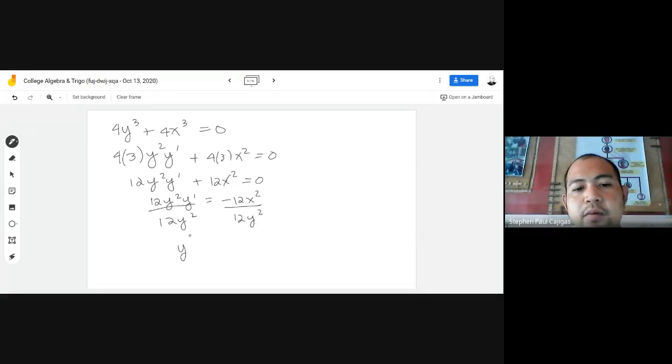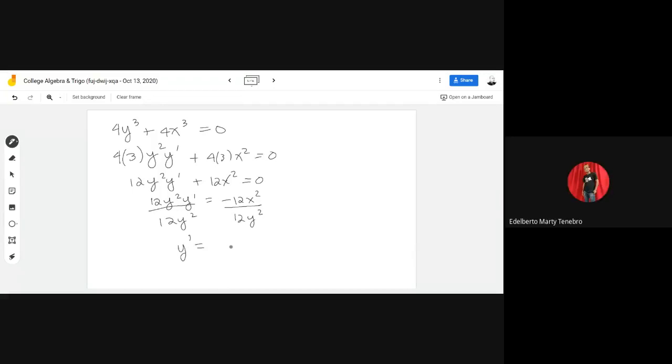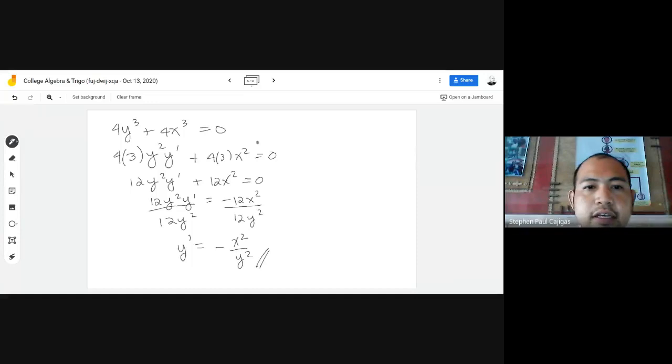So we get y prime equal to negative x squared over y squared. Very good. Did others get the same answer?